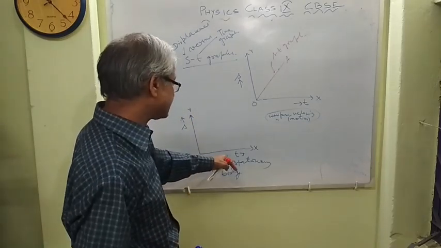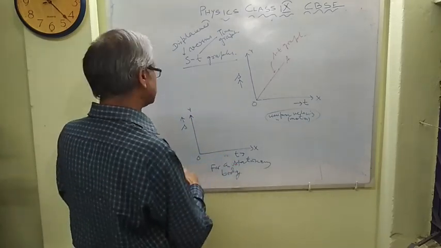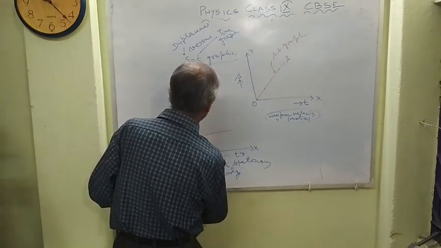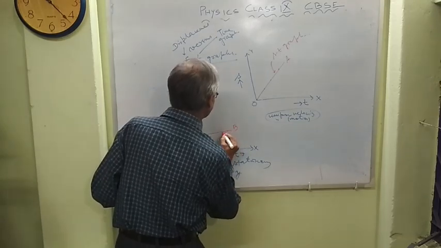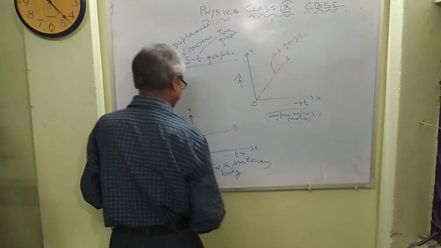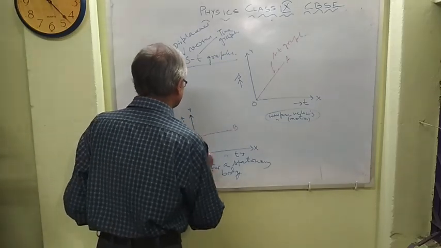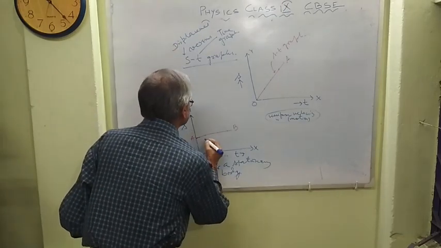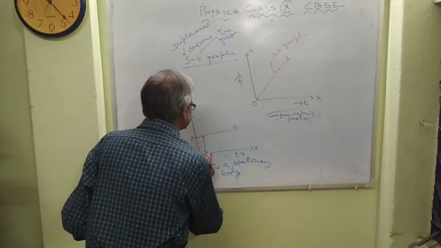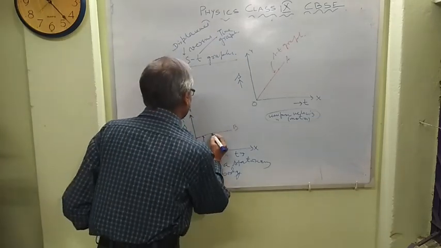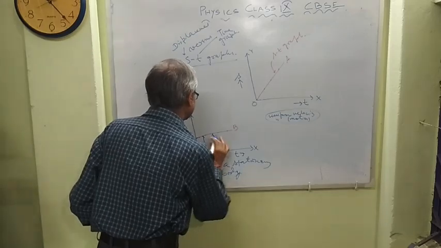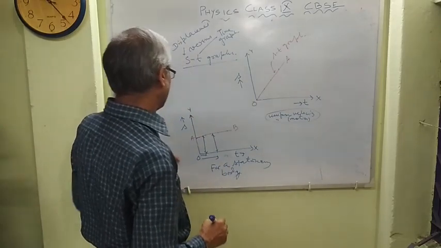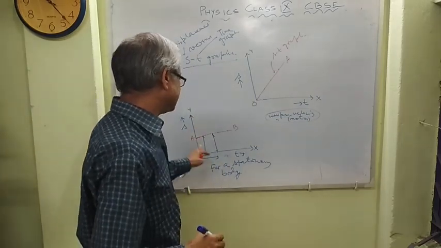For a stationary body, the graph will be a straight line parallel to the time axis, that is parallel to the x-axis or abscissa. Because in this case no displacement actually occurs. Displacement does not change at all, and so the body is at rest.